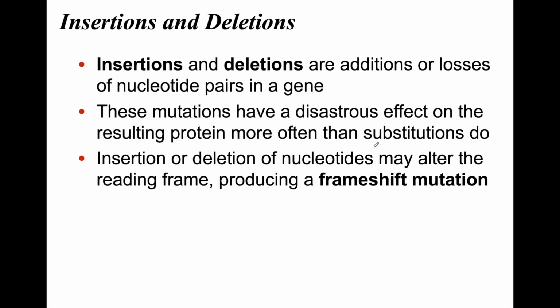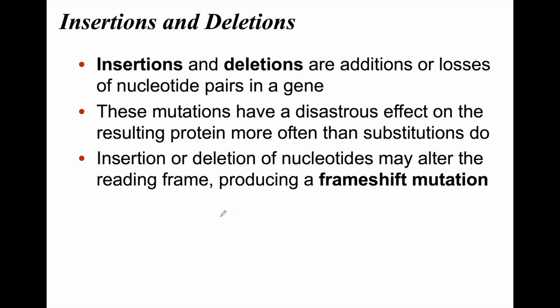Now, the other type of point mutations are called insertions and deletions. Insertions and deletions is where you add or remove like one or two base pairs. Now, remember how you read your mRNA. You read it within the reading frame.